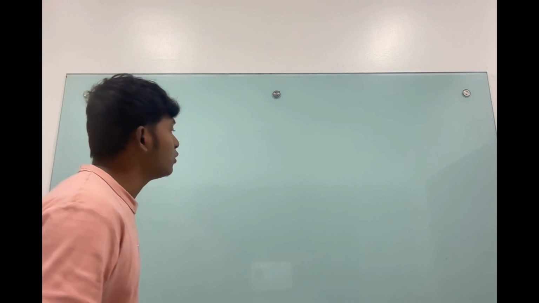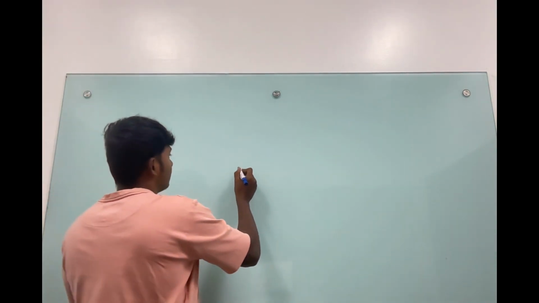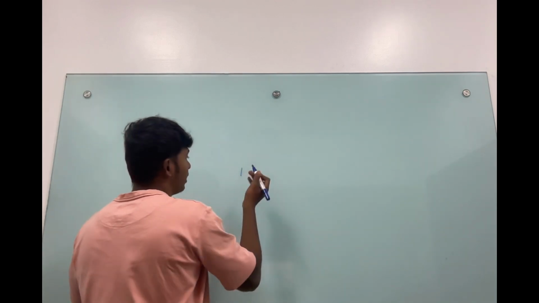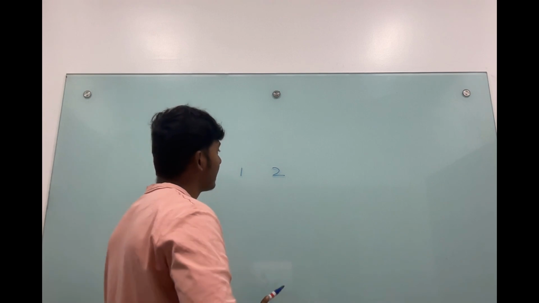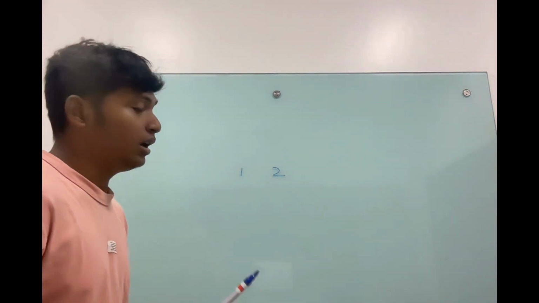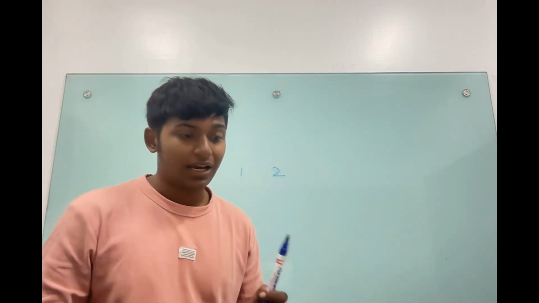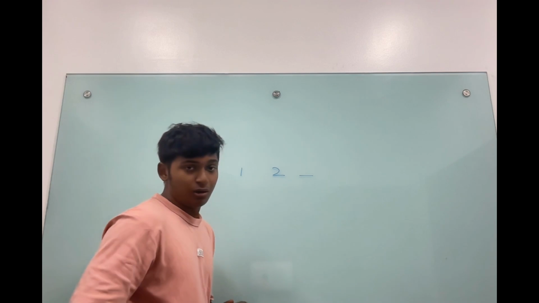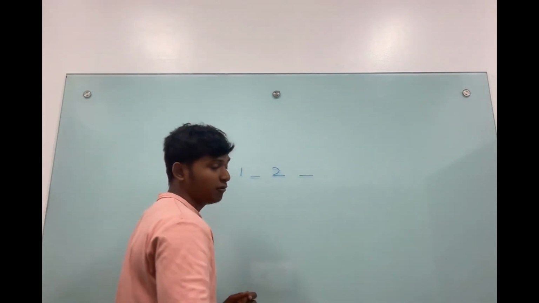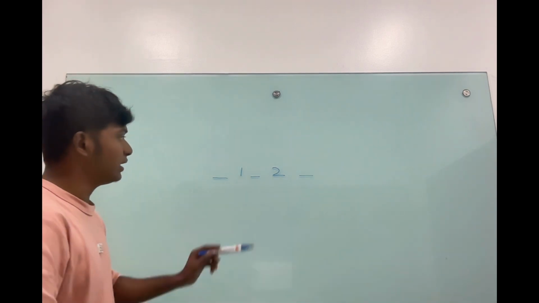So let's say we take an array of 3 elements, with 1 and 2 already in it. Now to place 3 in this array, we have 3 places. We can place 3 at the start, or between 1 and 2, or at the end.